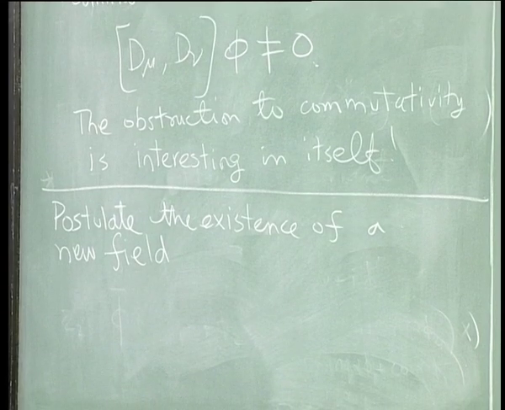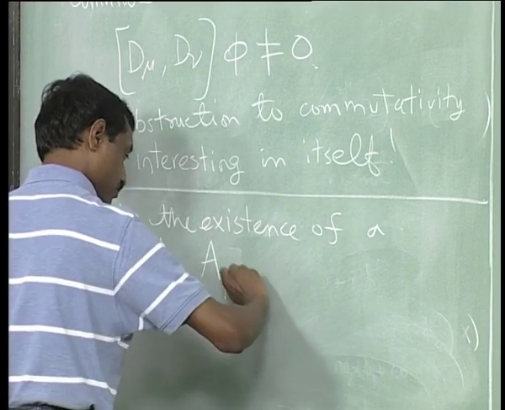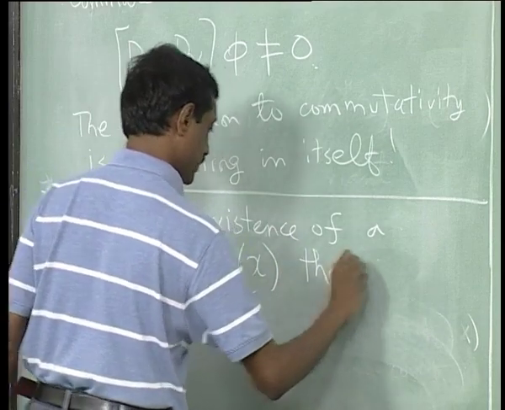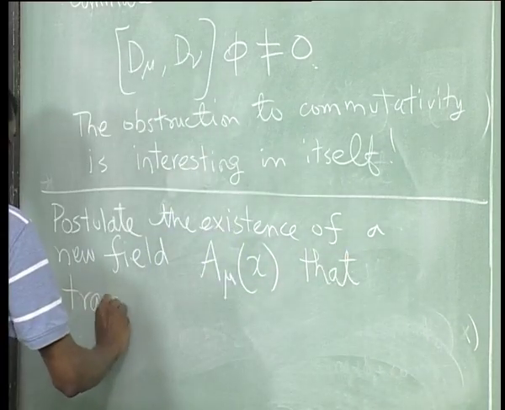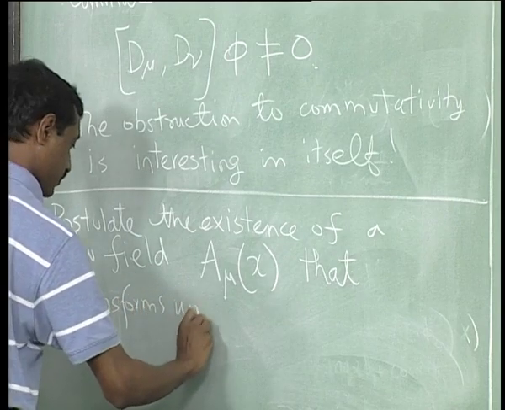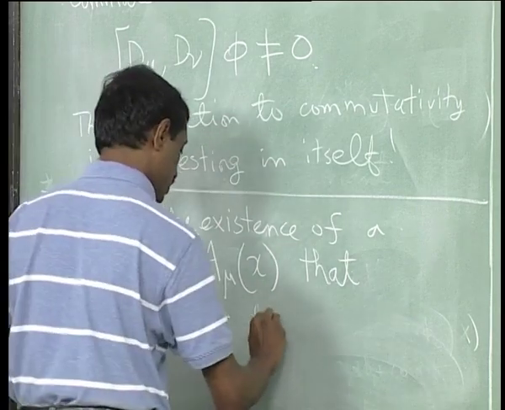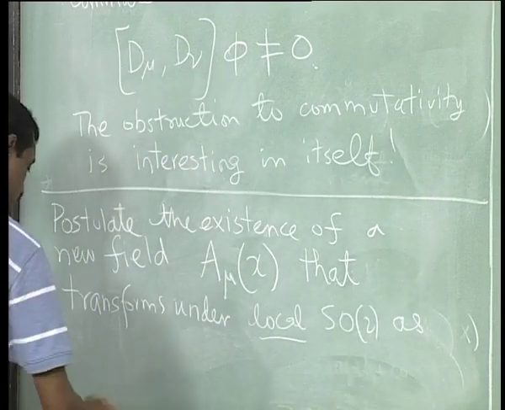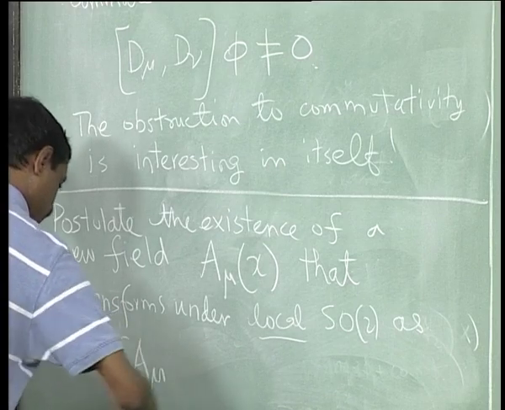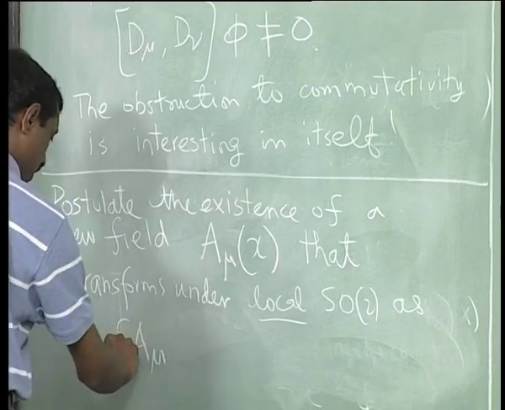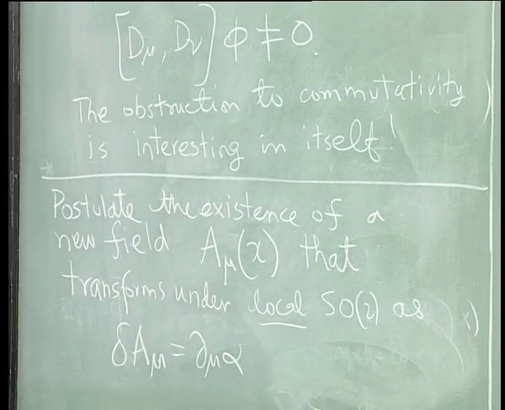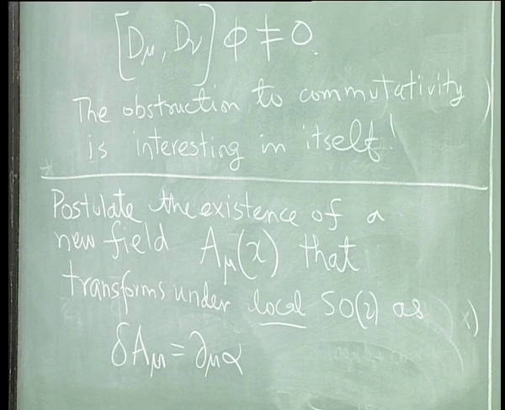So it is a vector valued object, okay, that transforms under local SO2 as delta A mu, okay, this is how it changes, okay.